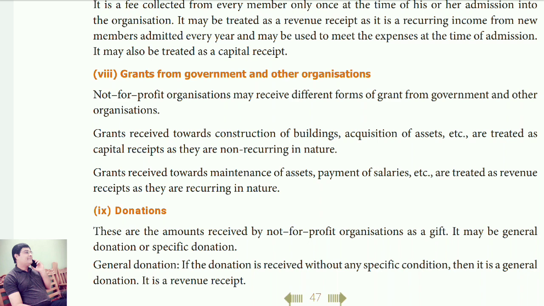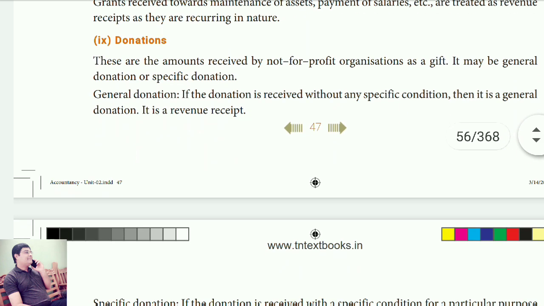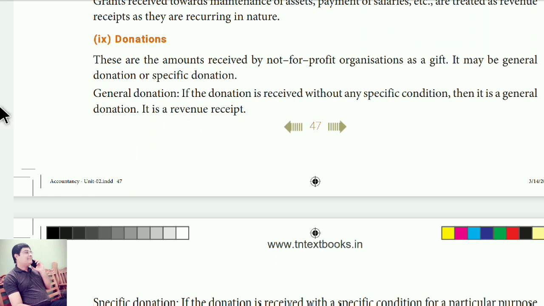Next one, donation. These are the amounts received by NPO, not for profit organization, as a gift. It may be general donation or specific donation. So someone is giving donation to the organization, and donation will be of two types: one is general donation and one is specific donation.